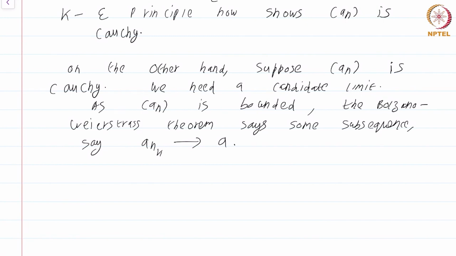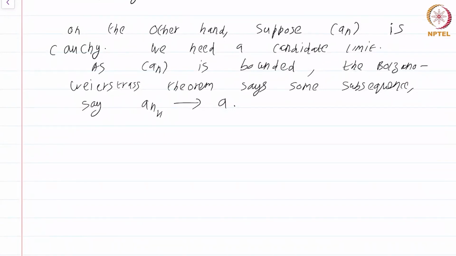So our goal is now to show the claim: a_n converges to a. Now, how are we going to show this claim? Well, that's not really hard.